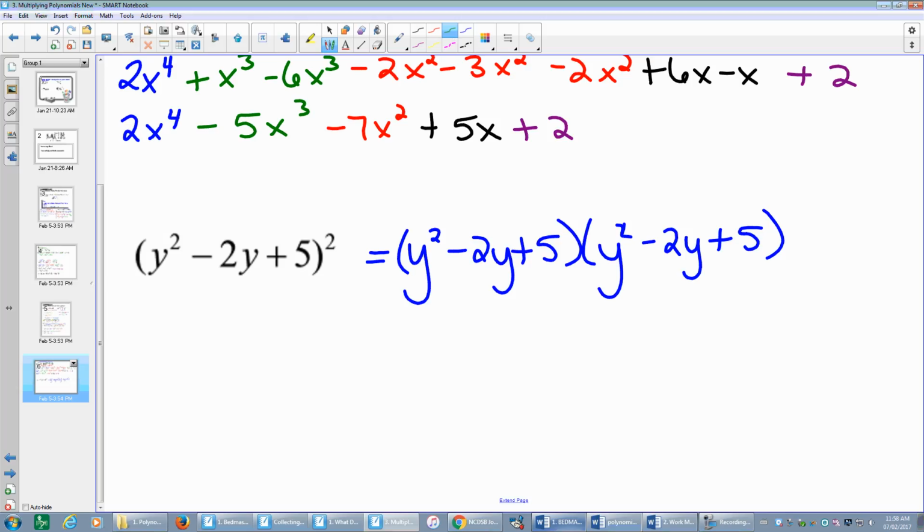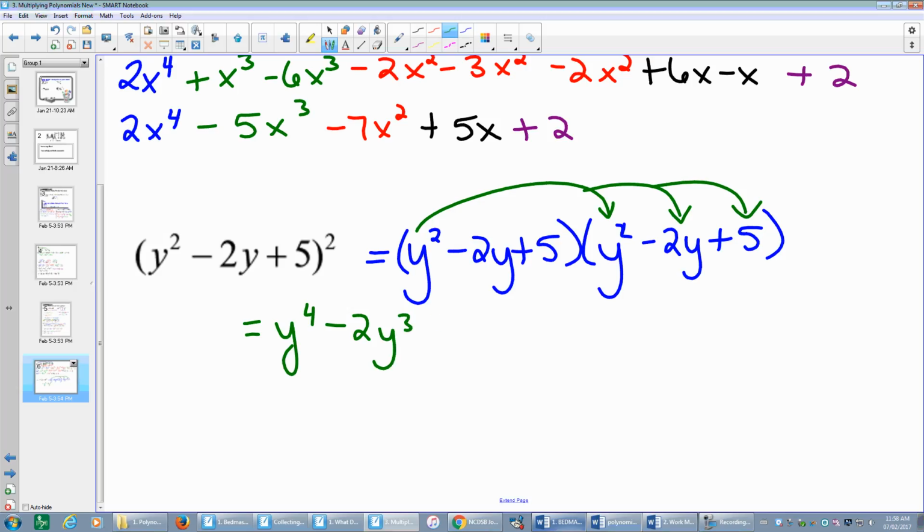Okay, so what do I have to do? I have to multiply that first term by everything in that second bracket. So I'm just going to start over here. So that becomes y to the exponent 4 minus 2y cubed plus 5y squared. Then I take this middle term here and multiply it by everything in the second bracket.